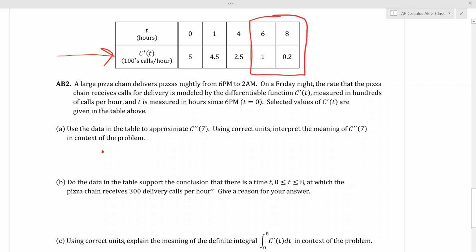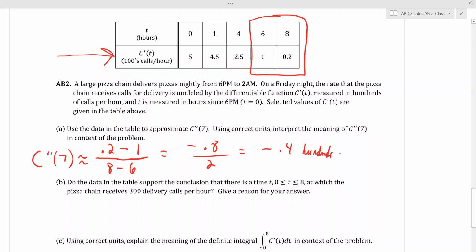So C double prime of 7 is approximately equal to 0.2 minus 1 over 8 minus 6, which is negative 0.8 over 2, which is negative 0.4 hundreds of calls per hour. Oh, no, hundreds of calls per hour squared. Again, super wordy, per hour squared.